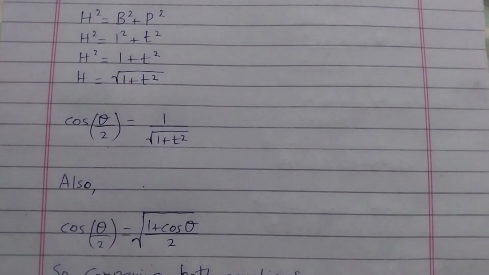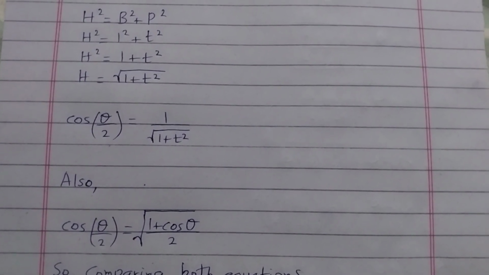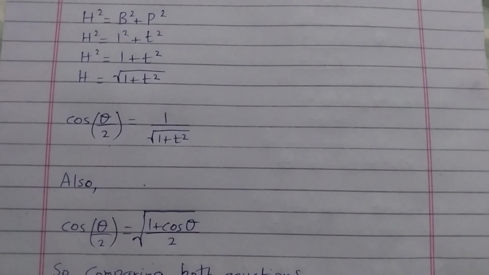Also, we have this identity which links half angle to double angle, and if we write the formula for cos theta by 2, it is equal to square root of 1 plus cos theta over 2.